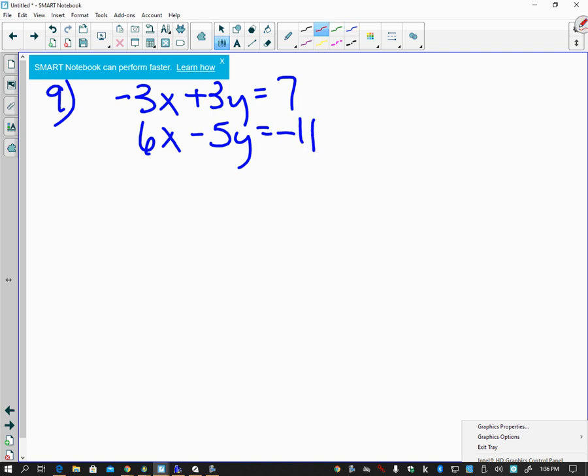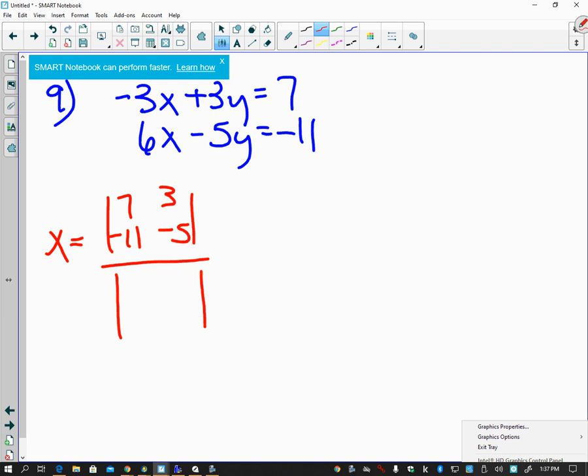But if I'm solving for x, you can already tell that a big part of this test so far is knowing how to find determinants. If I'm solving for x, I'm going to plug in my solution values for the x position. So I'm going to put 7 and negative 11 here, 3 and negative 5 here.